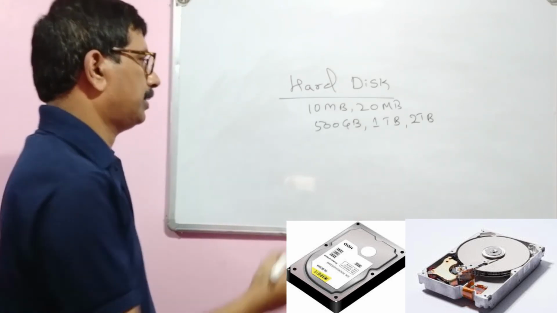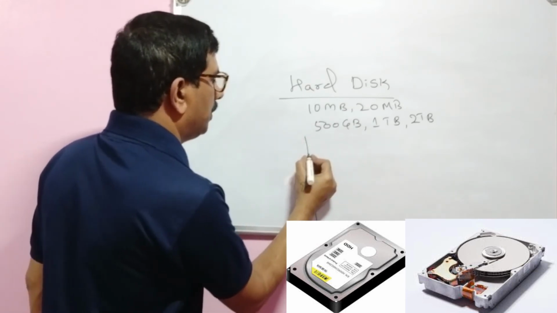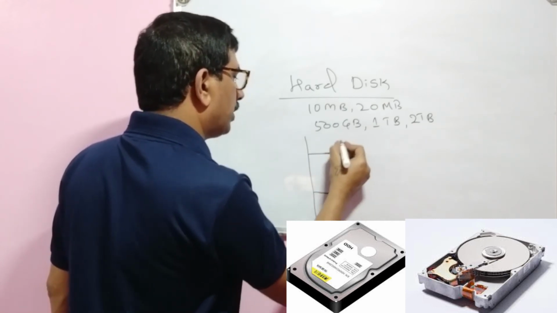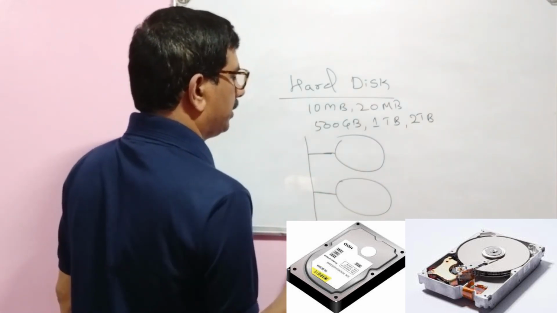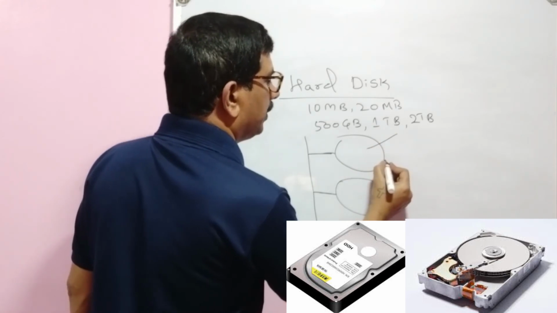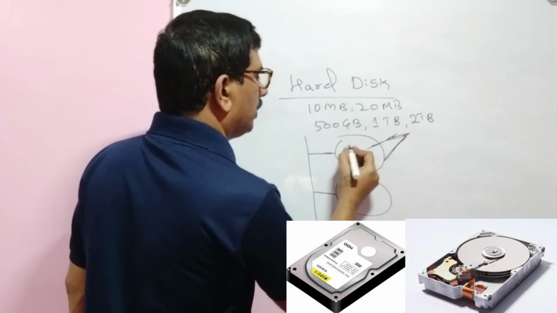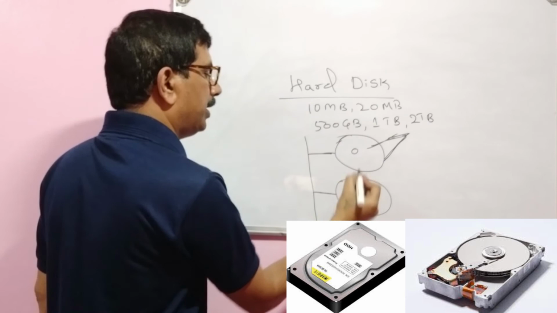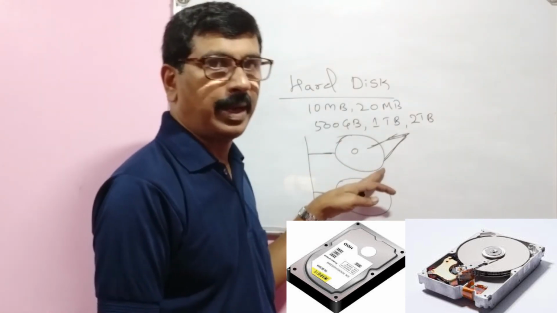Inside the hard disk structure, there may be one rod or supporting spindle, and on it there is a set of disks, and for every disk there is a head to read the information, for the bottom or for the top. Here also we call the top side 0 and the bottom side 1.